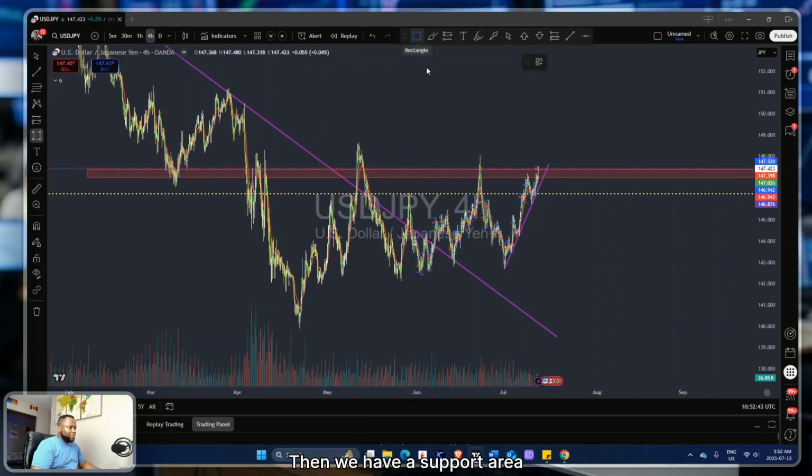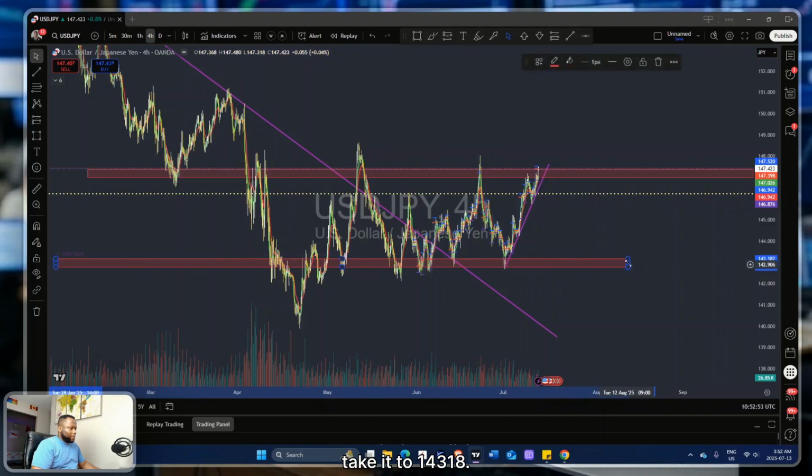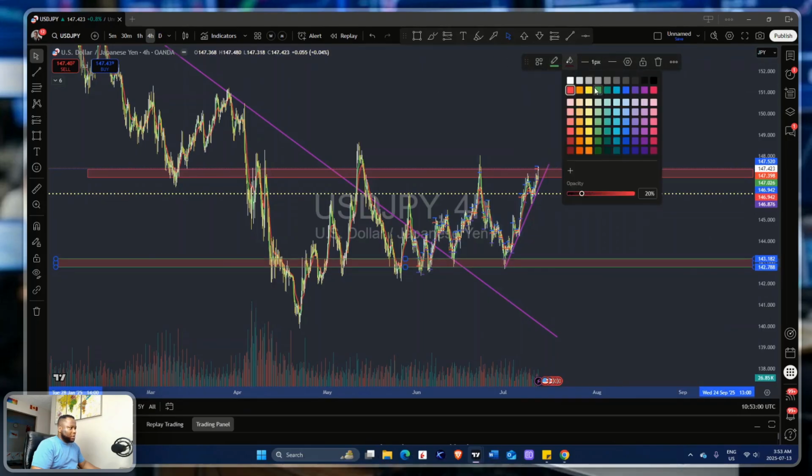Then we have a support area all the way at 142, or being a little bit cute, take it to 143.18. Those two areas, support and resistance zones.